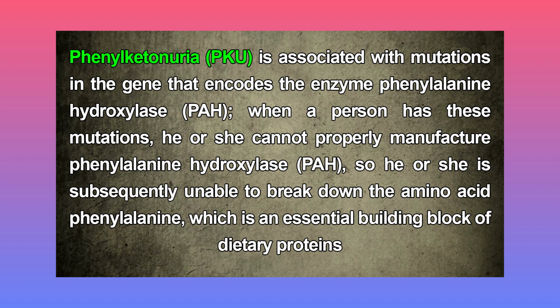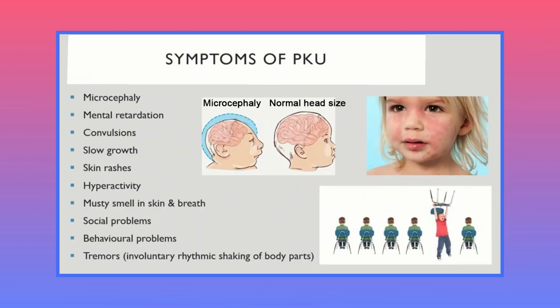So he or she is subsequently unable to break down the amino acid phenylalanine, which is an essential building block of dietary proteins. As a result, individuals with phenylketonuria accumulate high levels of phenylalanine in their urine and blood, and this build-up eventually causes mental retardation and behavioral abnormalities.